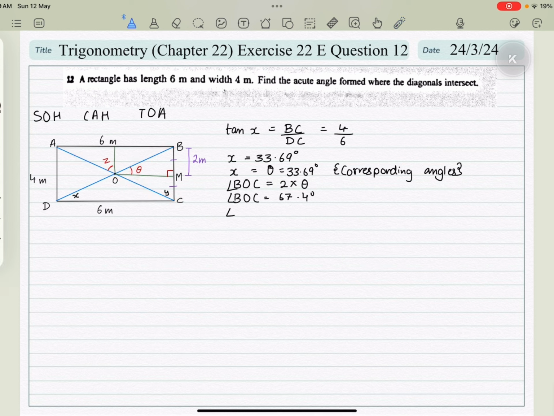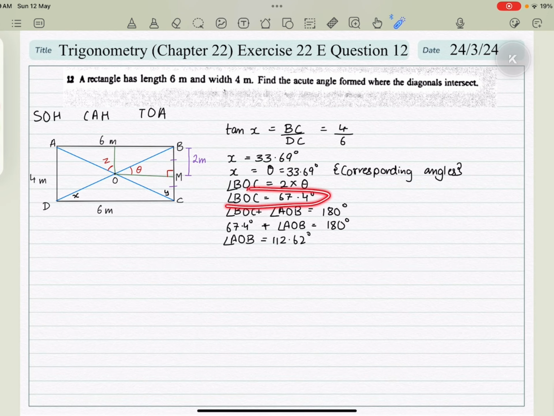Angle BOC plus angle AOB is equal to 180 degrees, and BOC is equal to 67.4, plus angle AOB is equal to 180 degrees, and thus angle AOB is approximately 112.62 degrees.